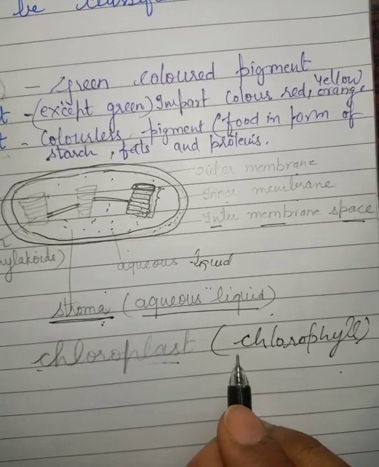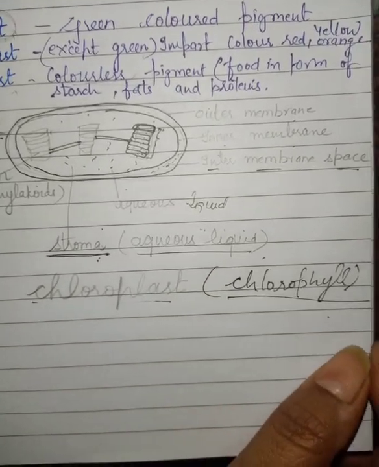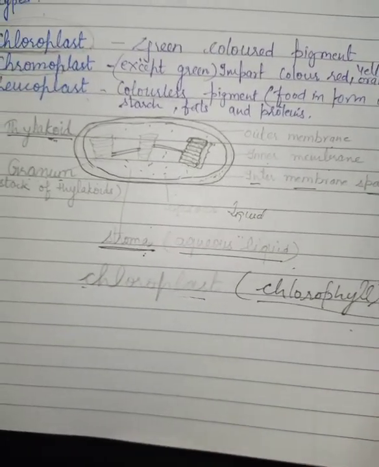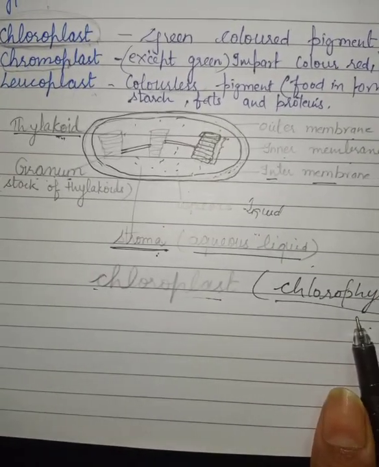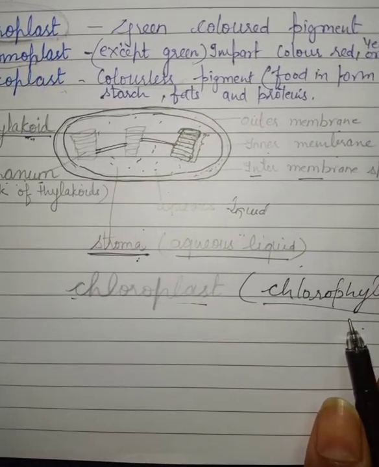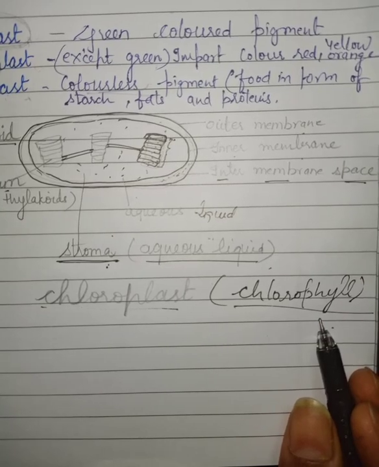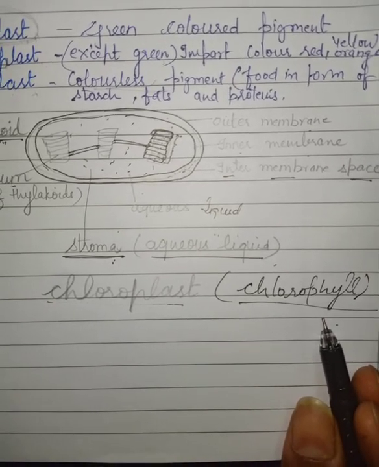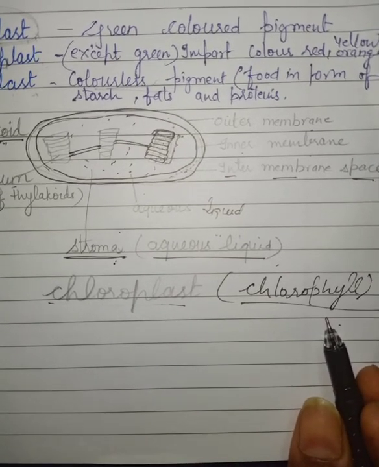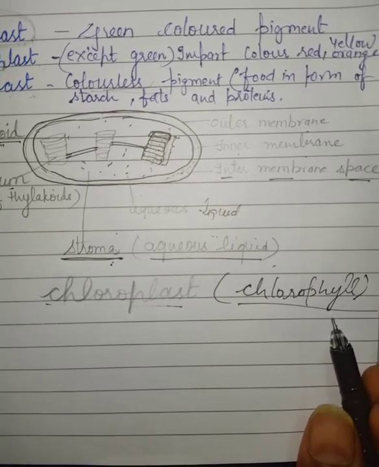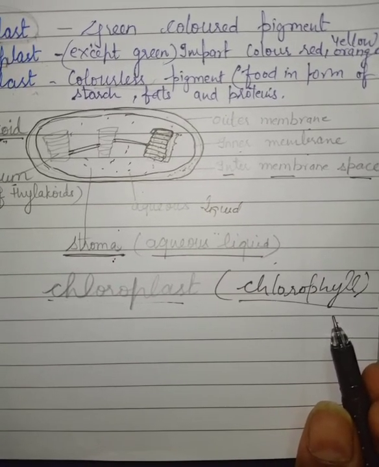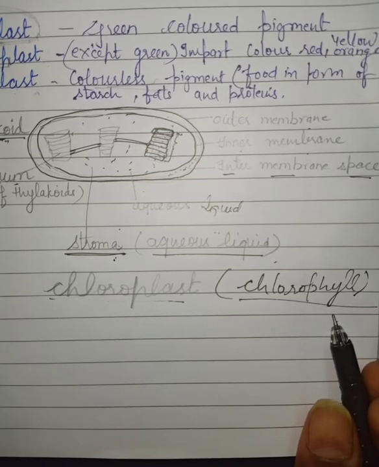Okay. Now what is the use of chlorophyll? You all know, since class 3 we are studying that chlorophyll is the pigment in the plant which helps in the preparation of food for the plants. The leaves of the plants contain chlorophyll pigment. Because of that, the plants are able to absorb the sunlight from outside and prepare their food.